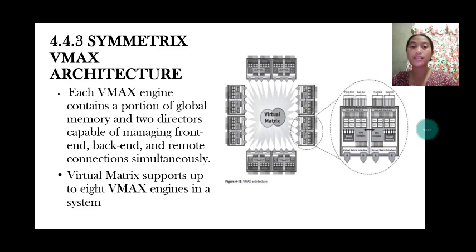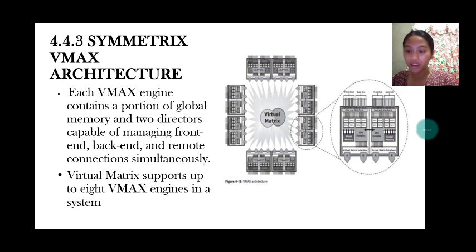Now let's move on to the last topic, which is under 4.4.3, the Symmetrix VMAX architecture. Each VMAX engine contains a portion of global memory and two directors capable of managing the front end, the back end, and the remote connections simultaneously.